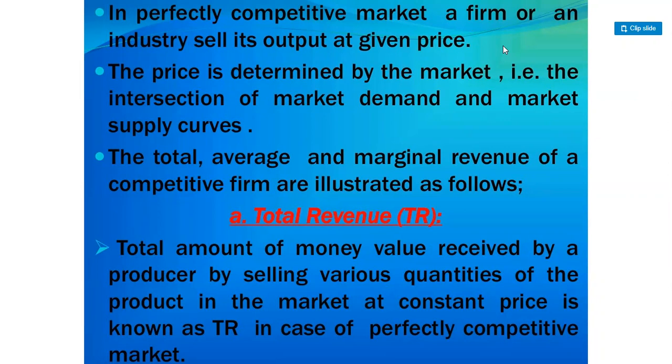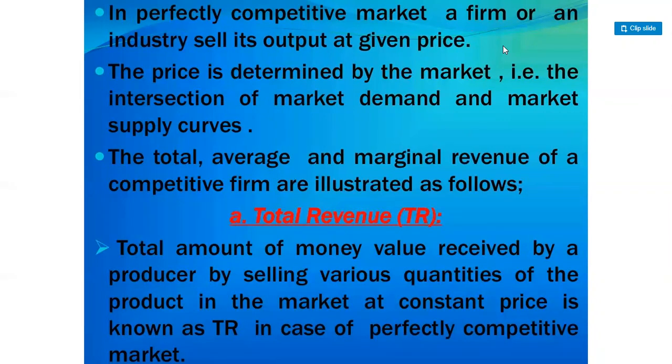The total, average, and marginal revenue of a competitive firm are illustrated as follows. First of all, we will discuss total revenue under perfect competition. Total revenue is the money value received by the producer by selling various quantities of the product in the market at a constant price. It is known as TR.